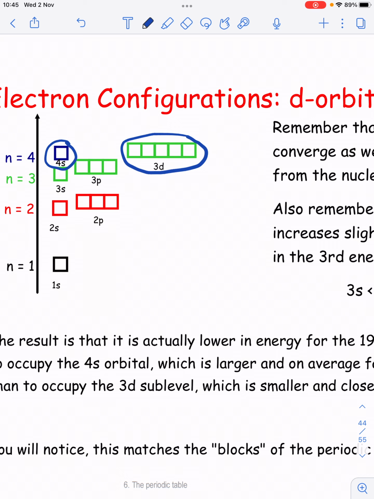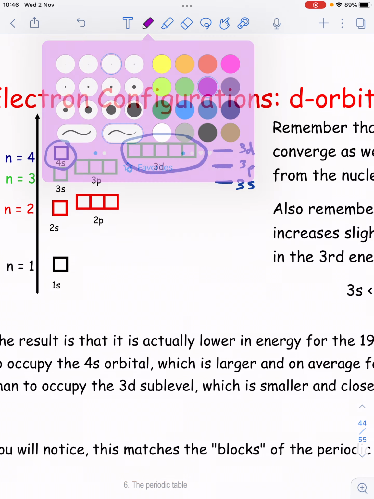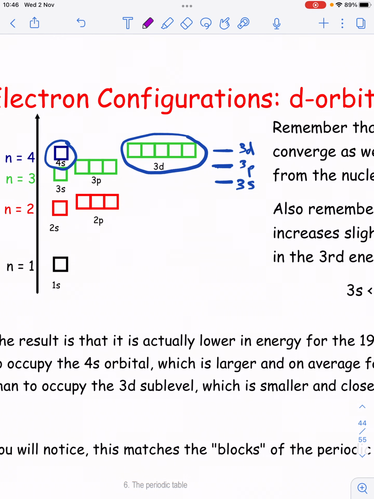We know that because of the mathematical equations of quantum mechanics that tell us that there are 3 sublevels in the third energy level. There's the 3s level, the 3p level, and the 3d level. So those are the different sublevels, and within them there are orbitals. But it turns out that for these electrons, it's actually slightly more stable, slightly lower in energy to occupy the 4s energy level before they occupy the 3d level.